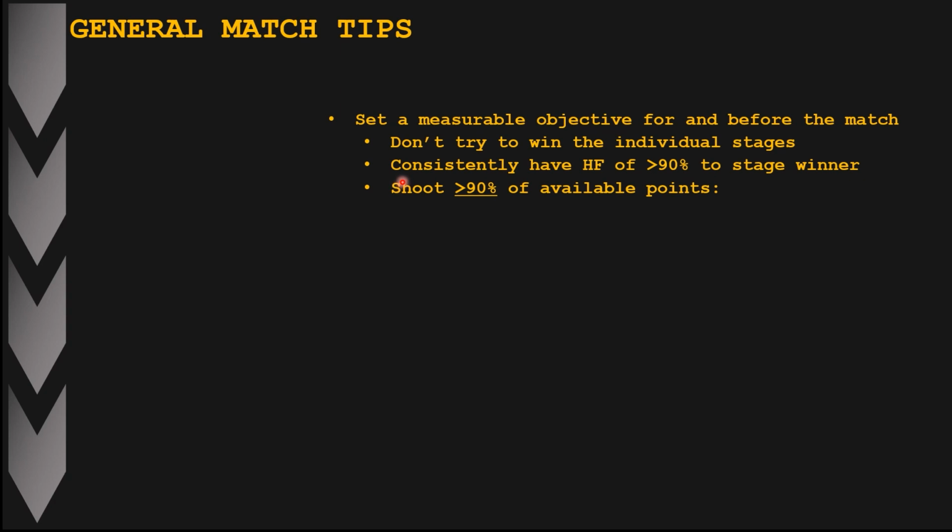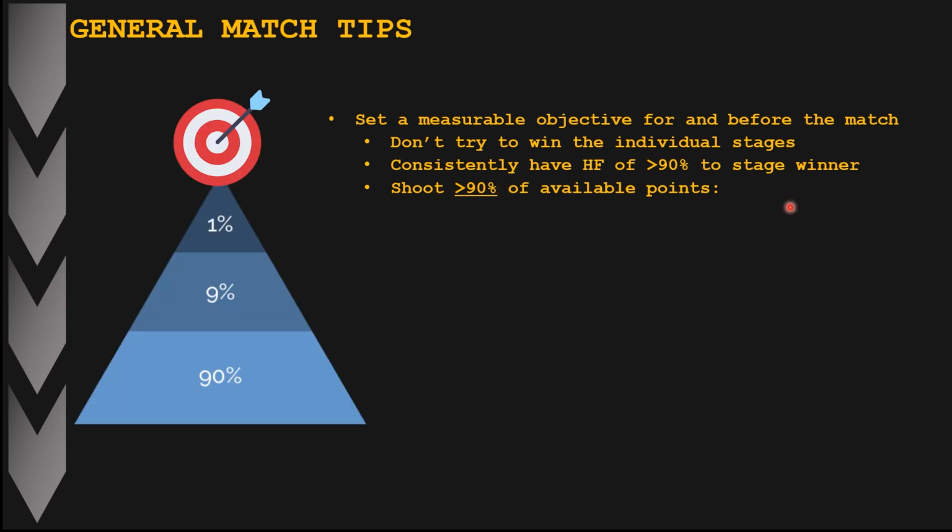The same goes for the available points that you can shoot. The objective is actually to shoot more than 90% of the available points. And how do you do that? Well, more than 90% really needs to be alphas that you shoot. So accuracy is very important.